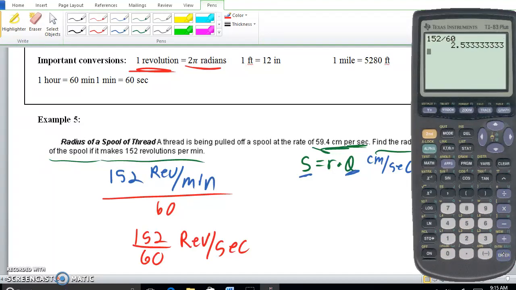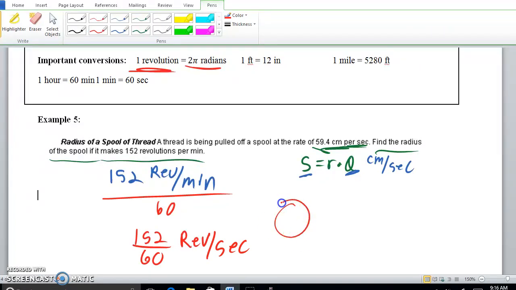Okay, yeah, that's right. So basically it's making a little more than 2.5 revolutions per second. So every second this thing is spinning off the thread, it goes around 2.5 times about. So that's kind of what that is.